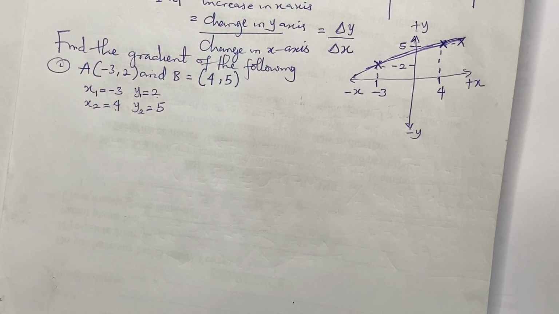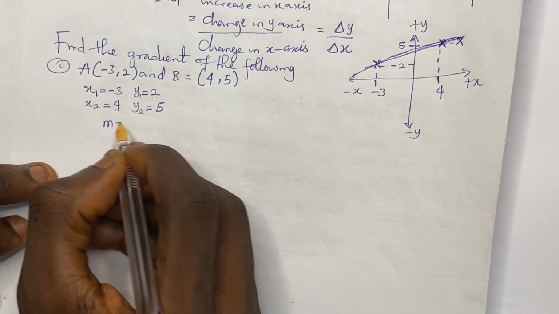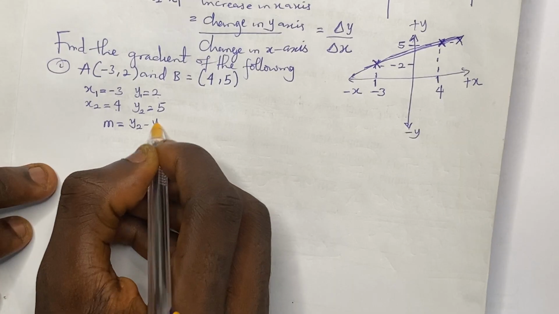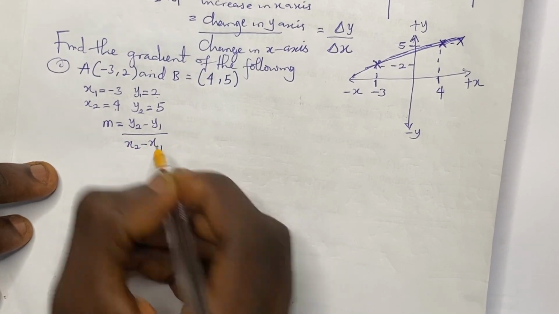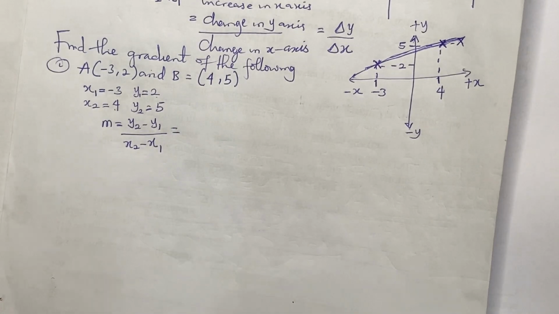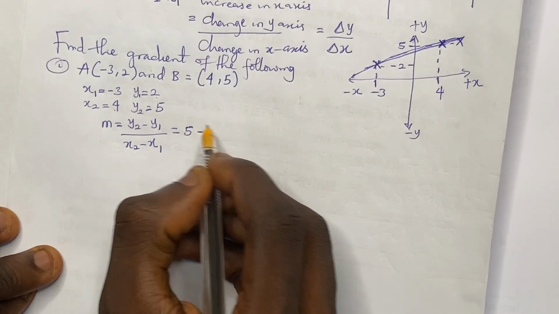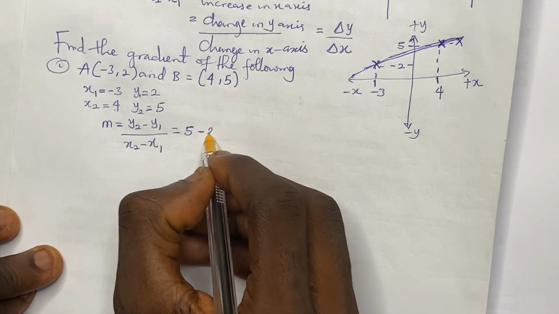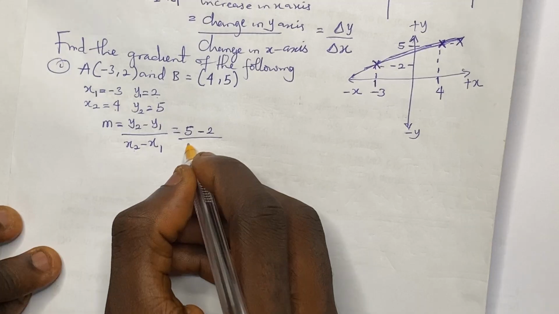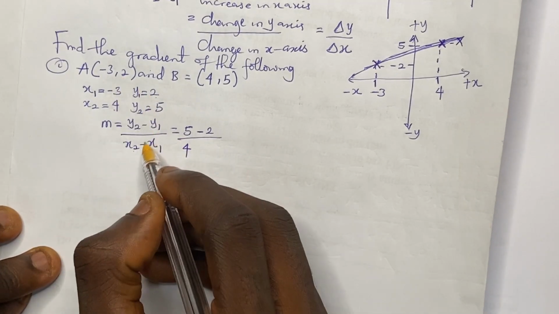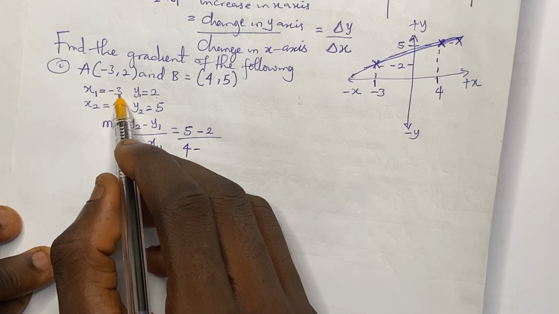So how do you do that now? To find our gradient, m equals y2 minus y1 over x2 minus x1. So what's our y2 here? Our y2 is 5. So that is 5 minus y1, which is 2, over x2, that's 4, minus, don't forget minus, then our x1 is minus 3.